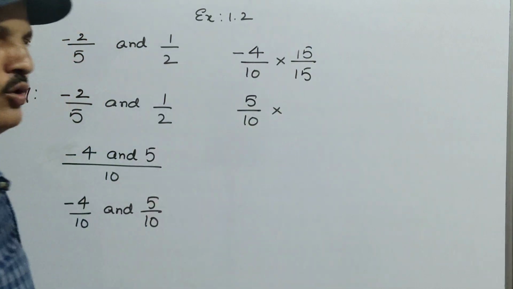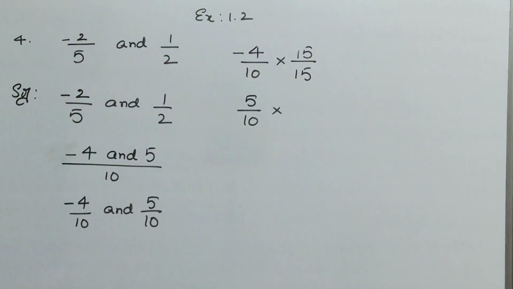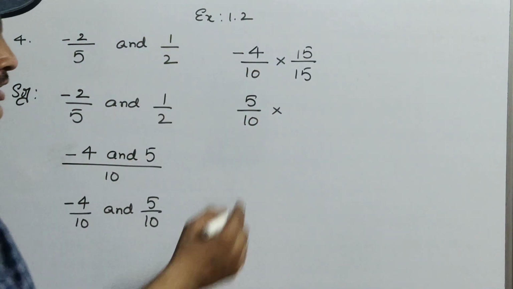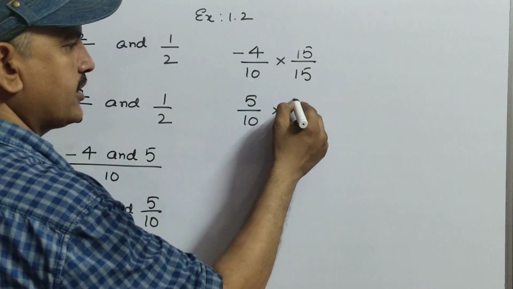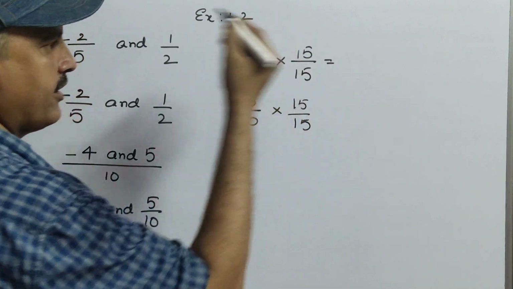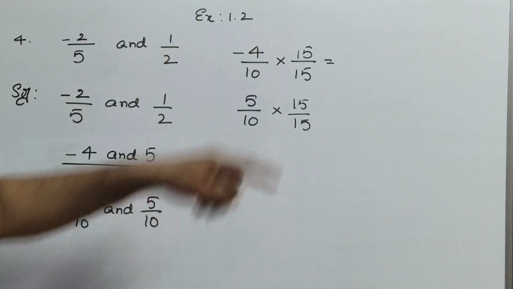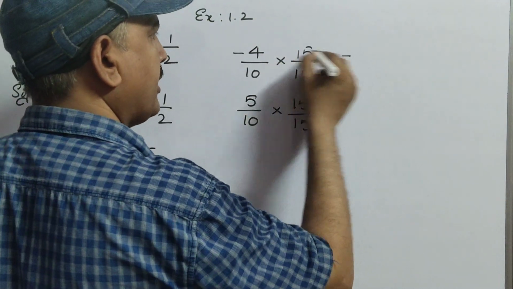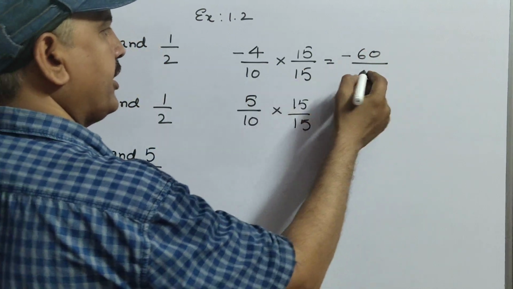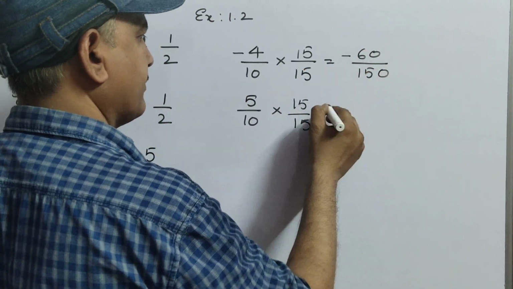15 by 15. What you are doing for numerator, the same thing you have to do for denominator. Again you did here 15 by 15, no? The same thing for this one also. 15 by 15. Multiply here. 4 into 15. Minus 4 into 15. Minus 15 4s are 60. 10 into 15, 150.